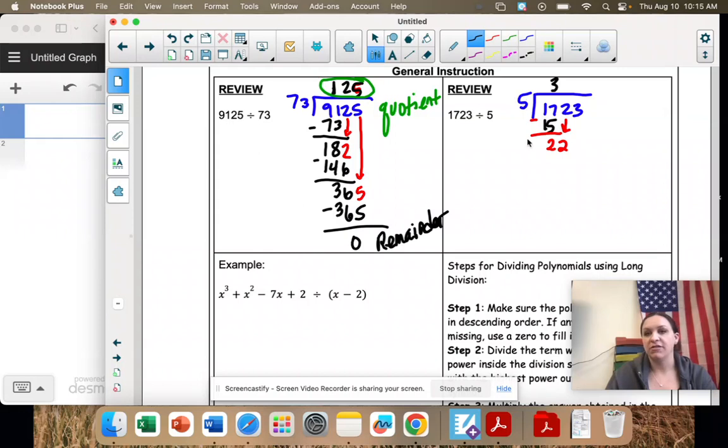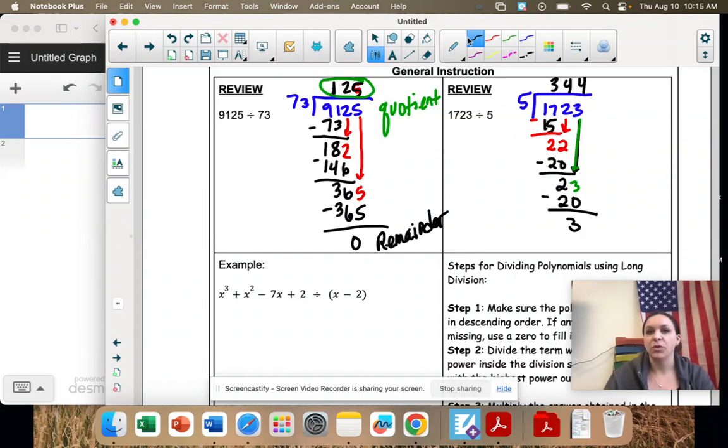How many times does 5 go into 22? 4. 4 times 5 is 20. Subtract. And then you bring down the next number, which is 3. So how many times does 5 go into 23? Also 4.